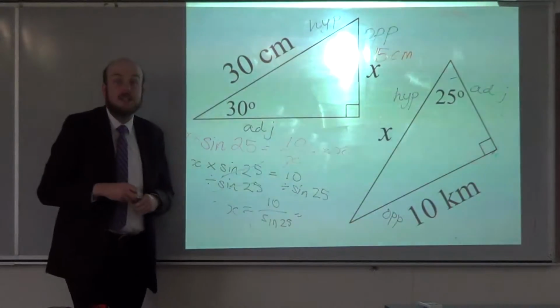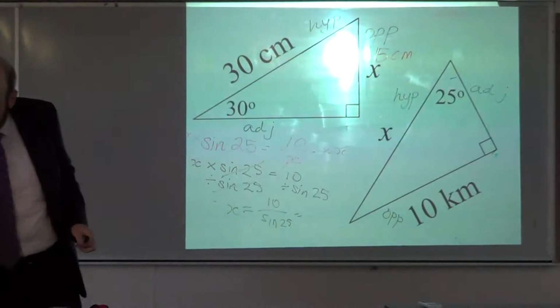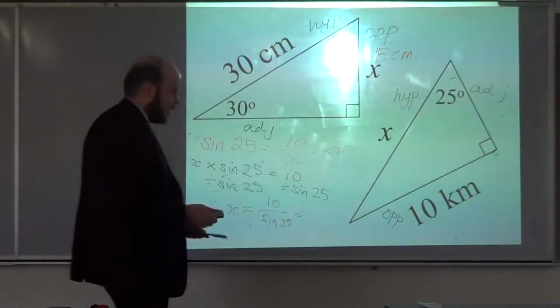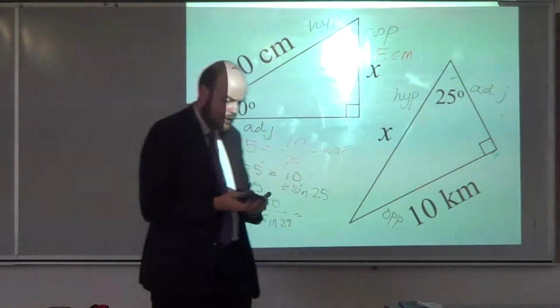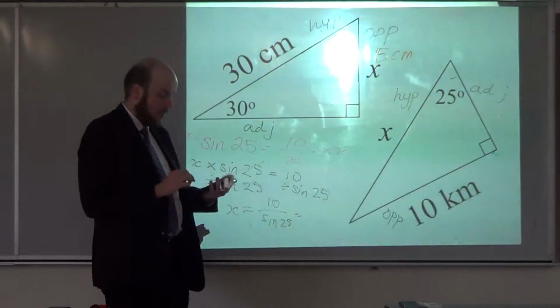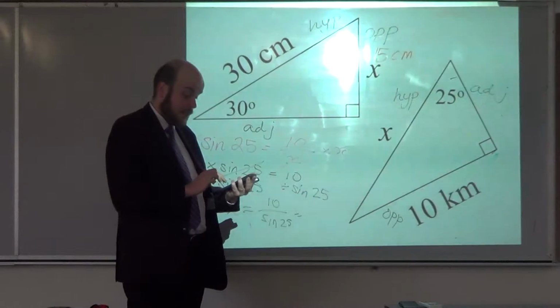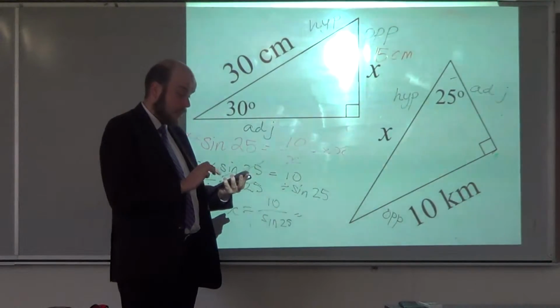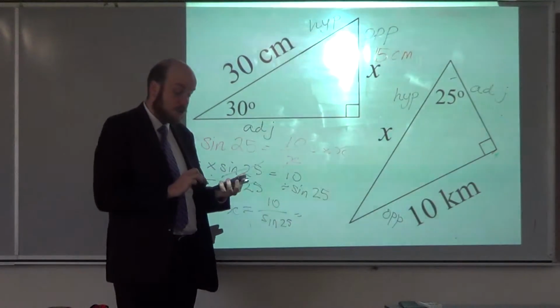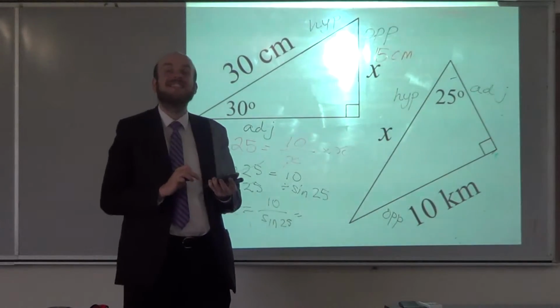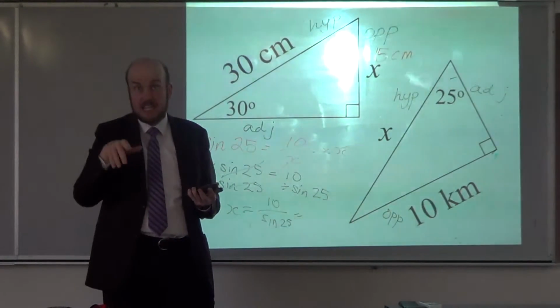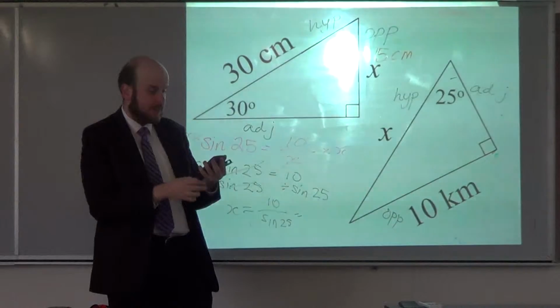And what you just need to do is put that in a calculator. Depending on your calculator, you might need to put some brackets around things, but hopefully you can just type in 10 divided by sine 25. Make sure that your calculator is in degrees, so it should have a D or deg or something like that.